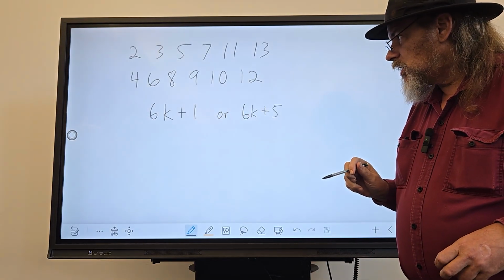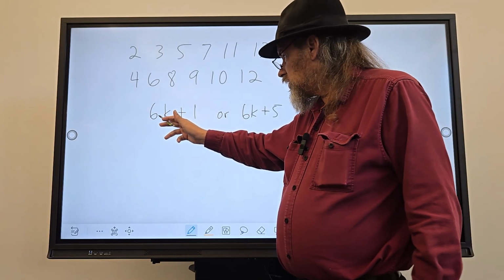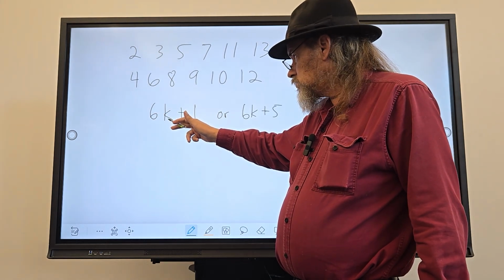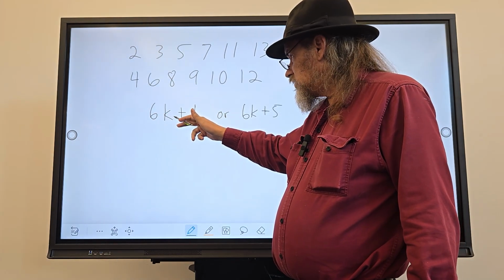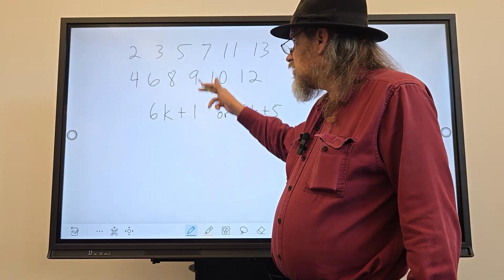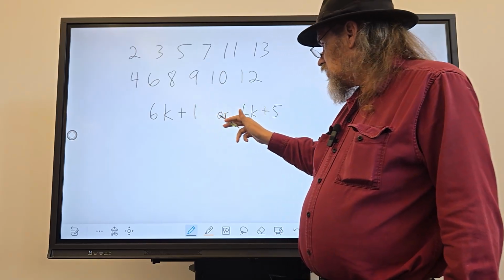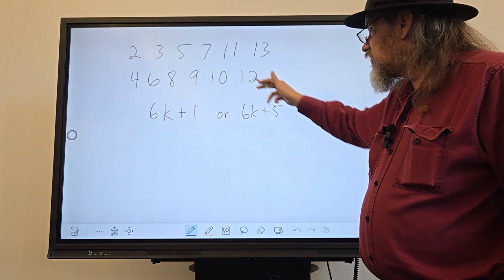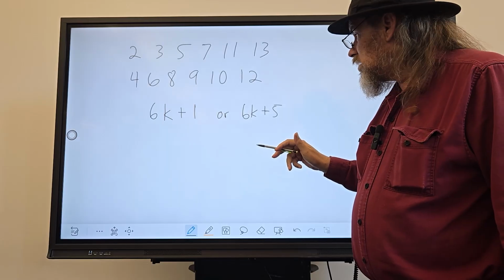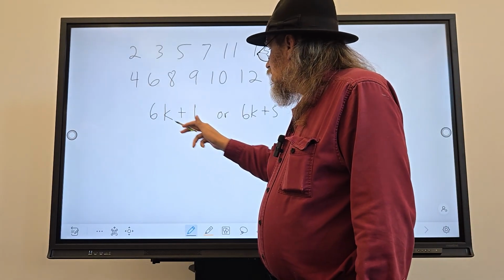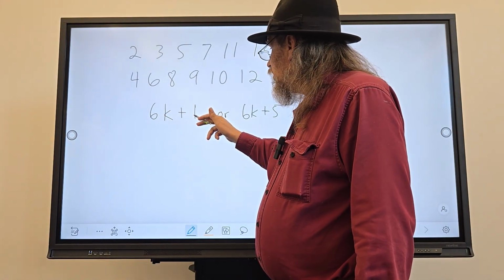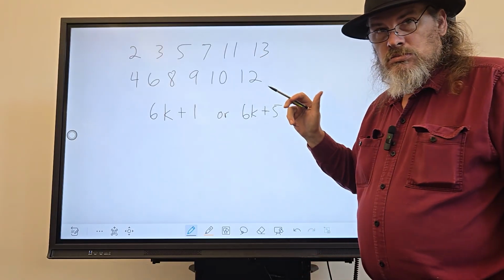a prime number. So 6 times 1 plus 1 is 7. 6 times 1 plus 5 is 11. 6 times 2 plus 1 is 13.